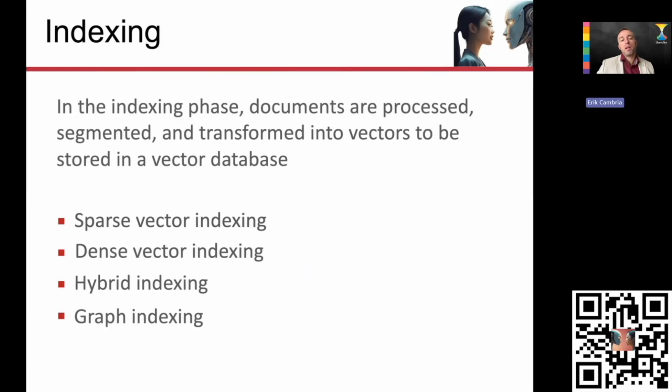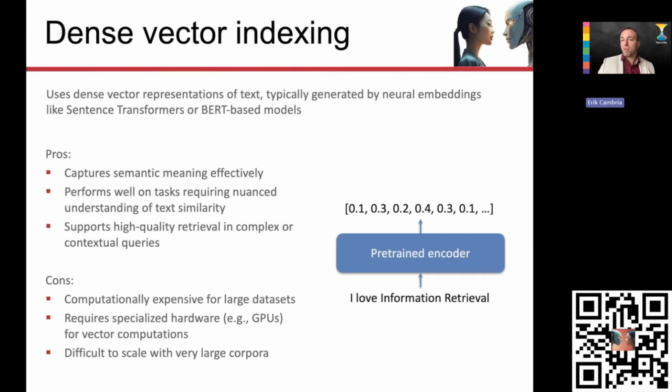Dense vector indexing is slightly more sophisticated. It's using word embeddings and transformers to take into account the context better, but is computationally more expensive.